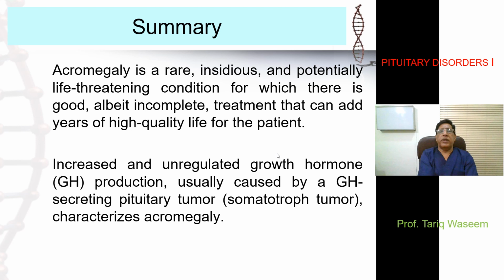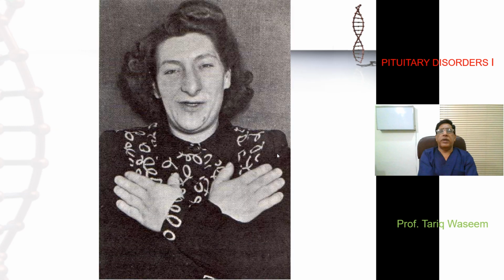But it can be very responsive to treatment, although it may be incomplete, and treatment can add a number of years to the quality of the patient's life, and may also increase life expectancy. Increased and unregulated growth hormone production, usually caused by growth hormone-secreting tumors, characterizes acromegaly.